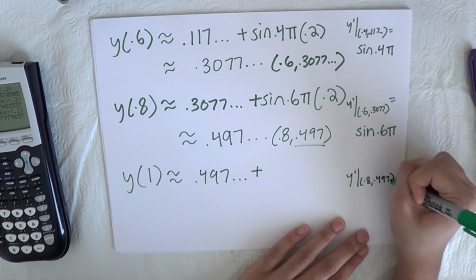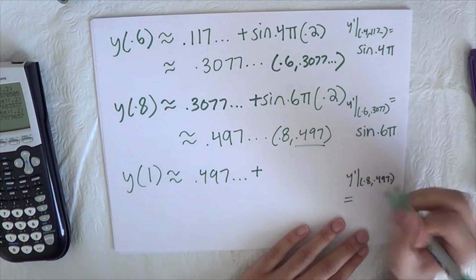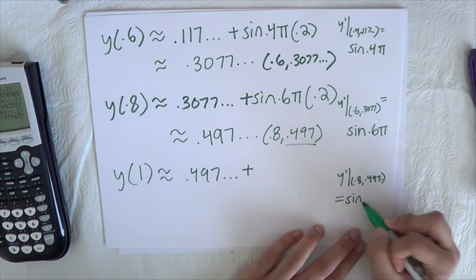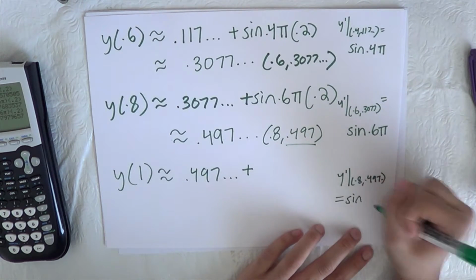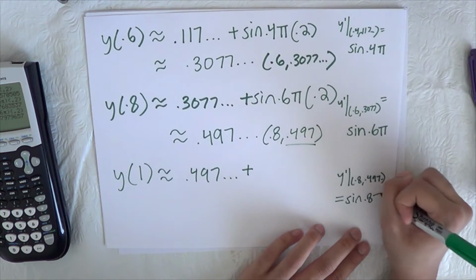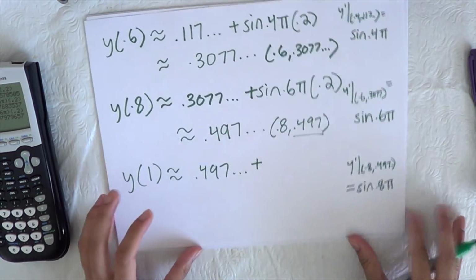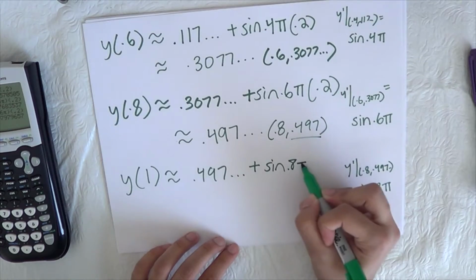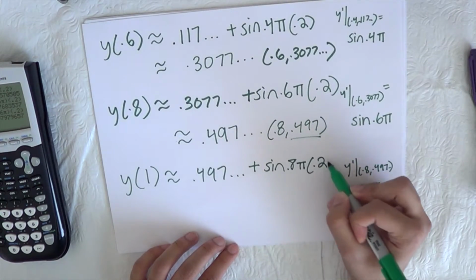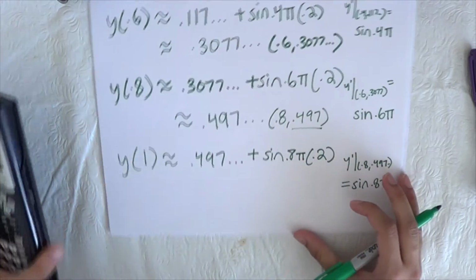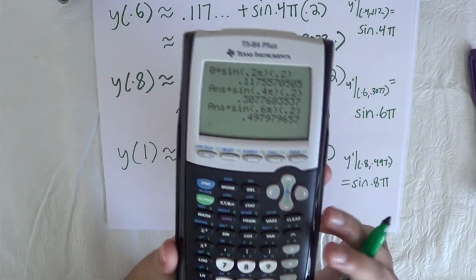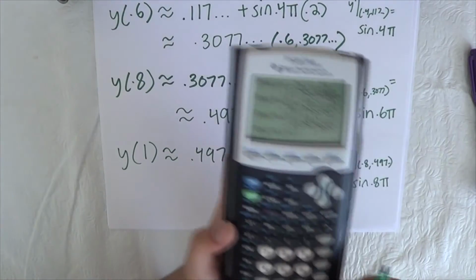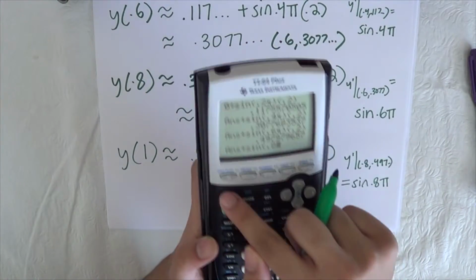Once again, we're only using the t value, which is 0.8, and we're plugging that into our derivative function, which is sine pi t, so sine 0.8 pi. So we plug in our slope, multiply that by our delta t, which is 0.2, and we plug it into the calculator one last time. So hit plus and add your remaining values.